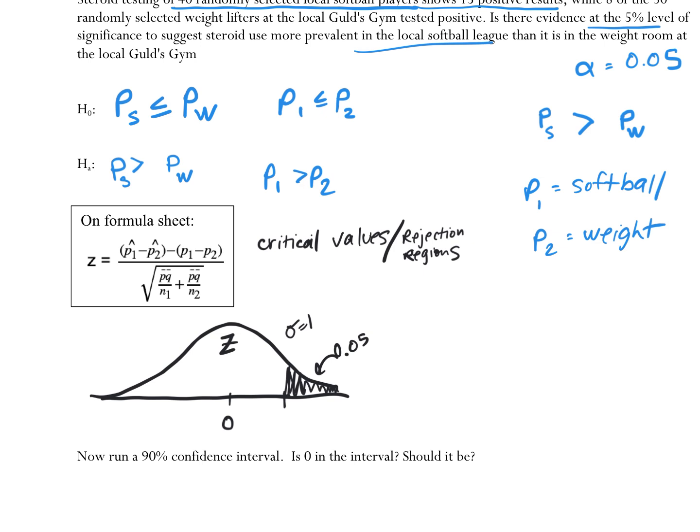Then we can find our critical value. How do I find my critical value in this case? Z-test will give me my test statistic. It will not give me my critical value. Inverse norm is how I would have to find my critical value in this case. Z-test tells you what the sample suggests. It doesn't tell you where the boundary is.